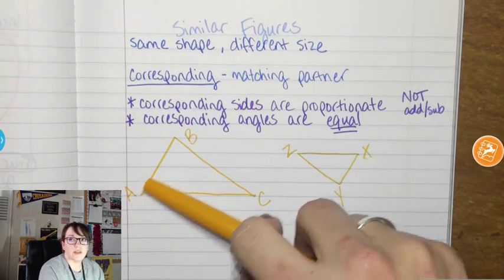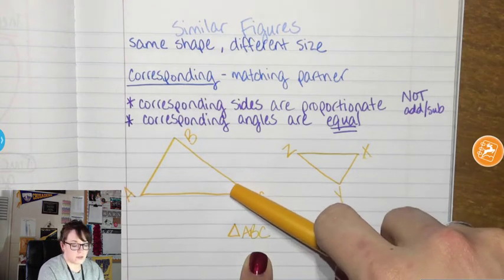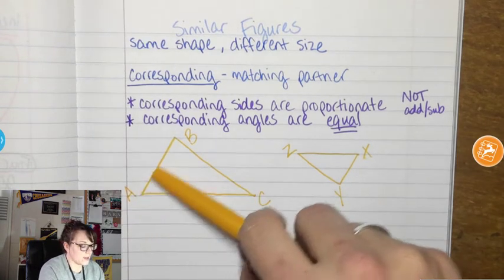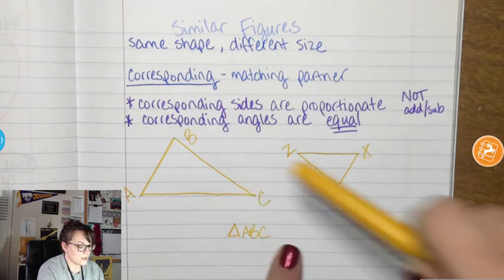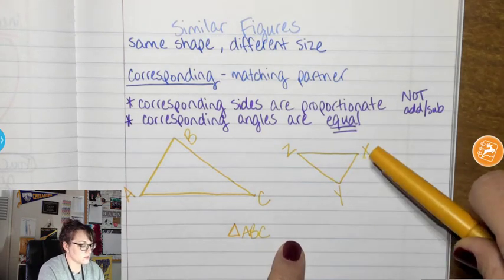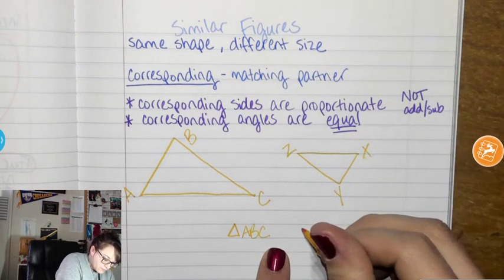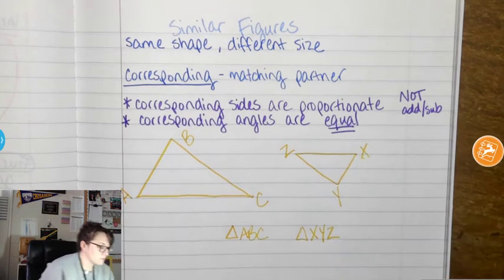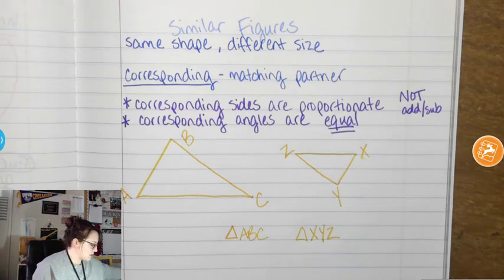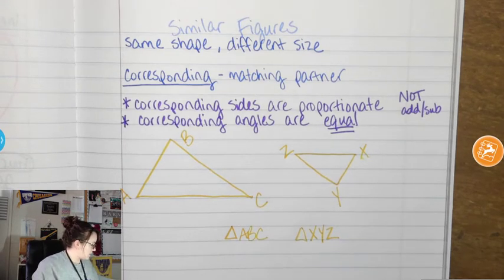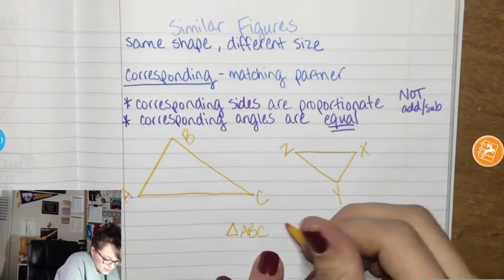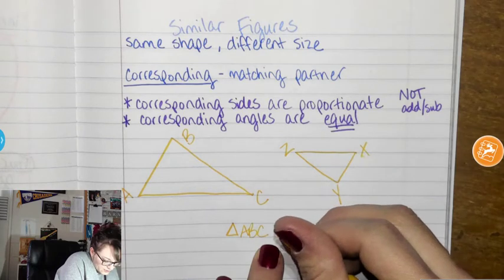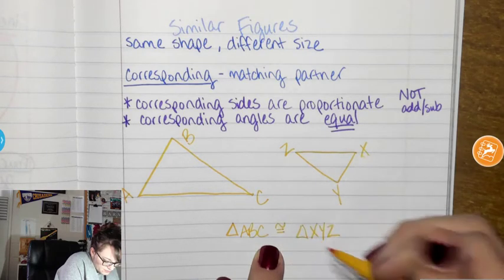So you go A, B, C. And so if this one is ABC, this triangle would be XYZ. Triangle ABC and triangle XYZ. All right, and the symbol for similar is an equal sign with an S on the top.